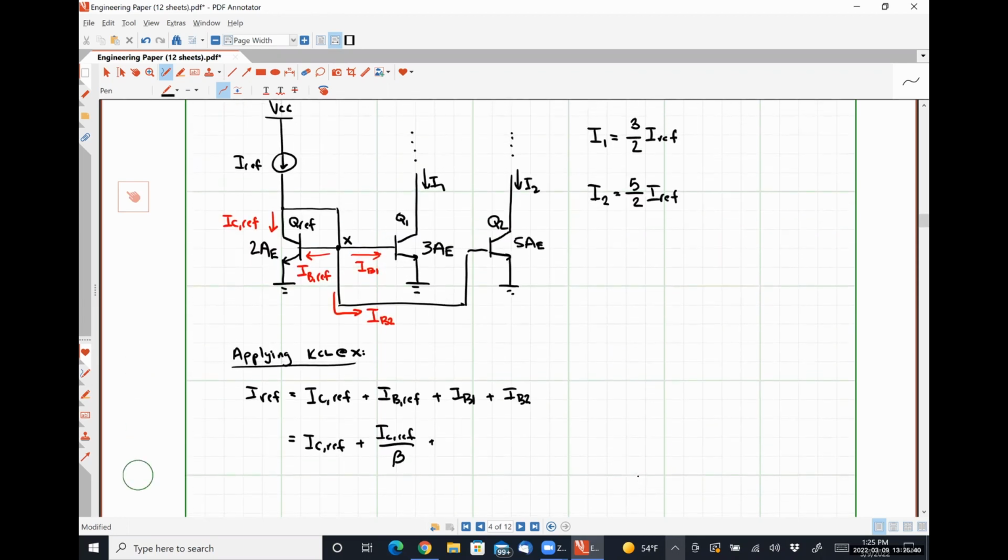Well, if I1, which is the collector current for transistor Q1, is 3/2 IREF, then IB1 should be 3/2 ICREF over beta.